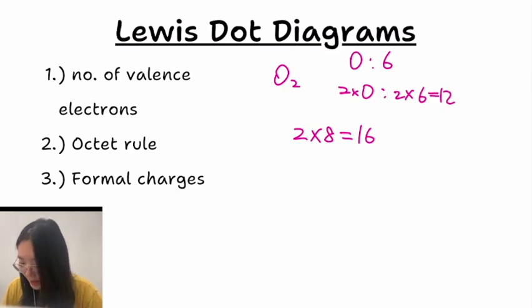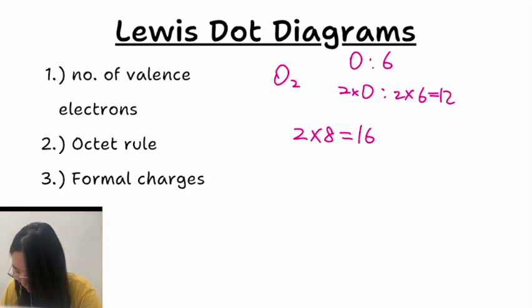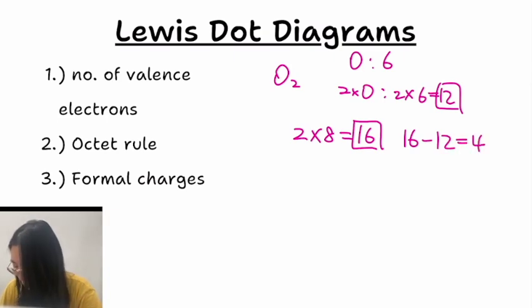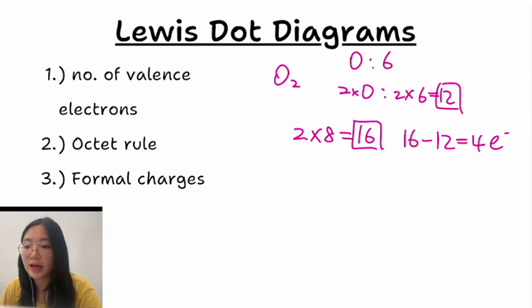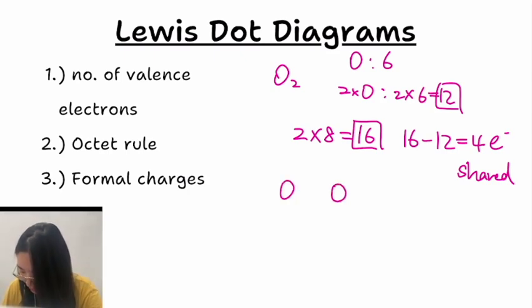But actually, I am given only 12 valence electrons, which means this oxygen gas structure is 4 electrons short. This actually means they are sharing 4 electrons in this oxygen molecule. So it will be oxygen atoms sharing 1, 2, 3, 4 electrons.